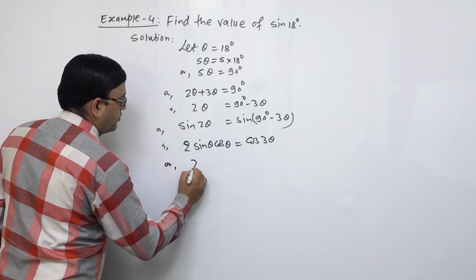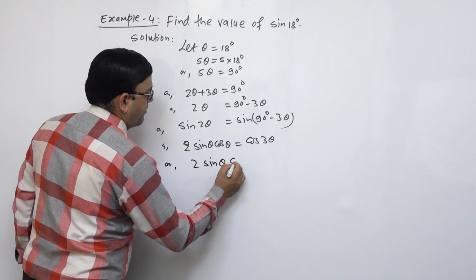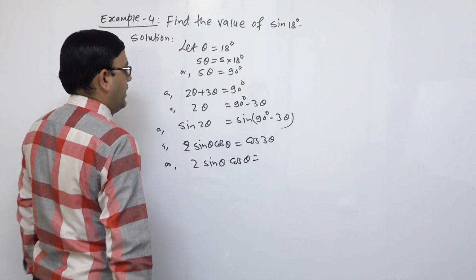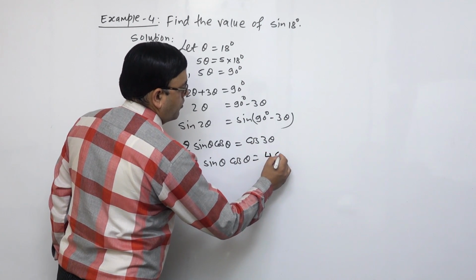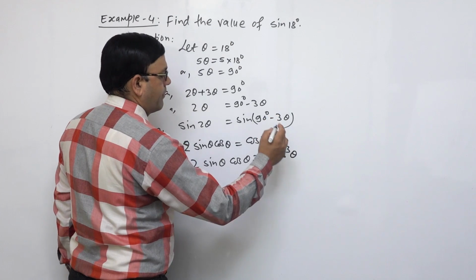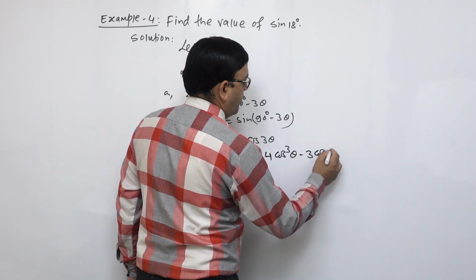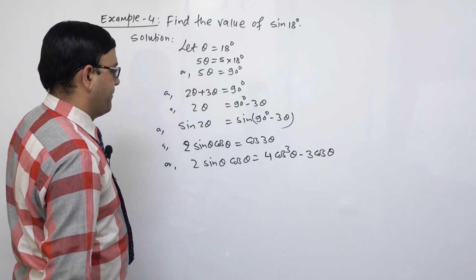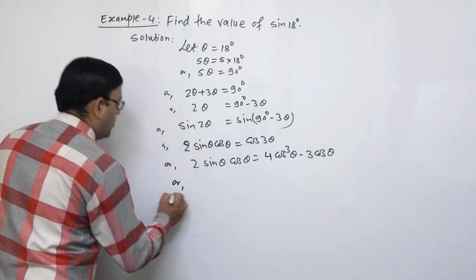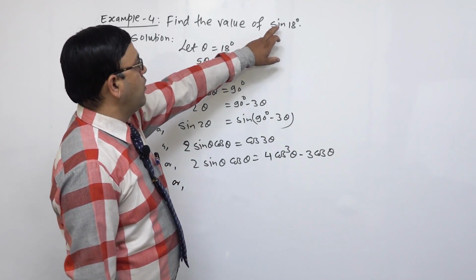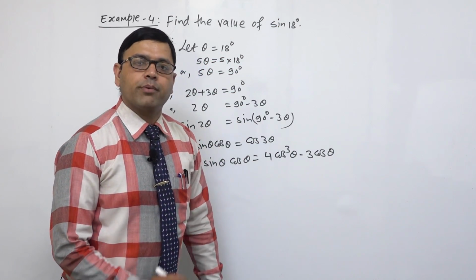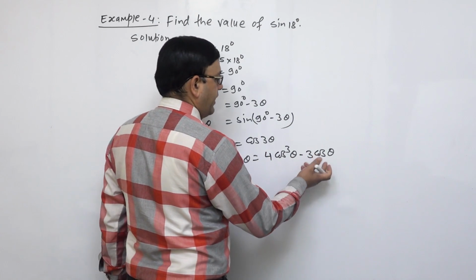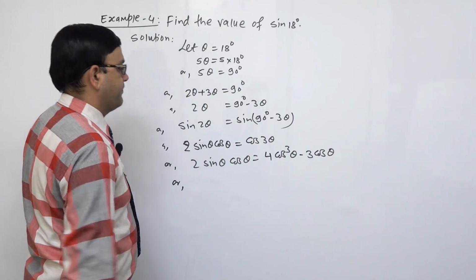So 2 sine theta cos theta is equal to cos 3 theta. What is the formula of cos 3a? The formula of cos 3a is 4 cos cube a minus 3 cos a. Here we wrote theta instead of a. We have to find the value of sine 18 degree, not cos 18 degree, so we have to convert all cos in terms of sine.